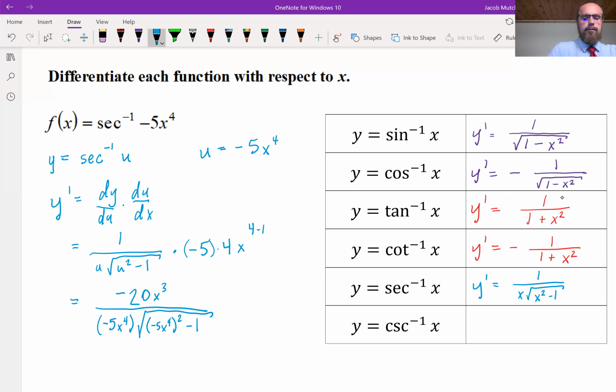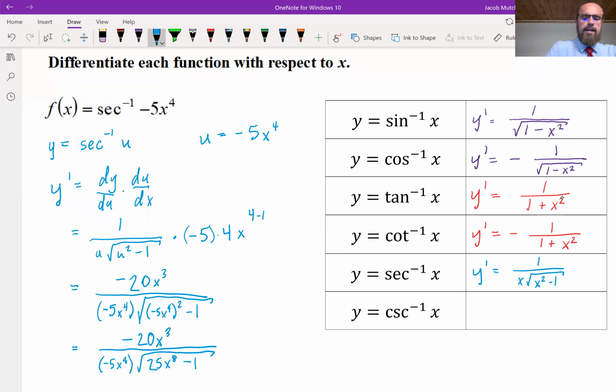So my final version here is going to be negative 20x to the power of 3 over negative 5x to the power of 4 times the square root of 25, so that becomes positive with the squaring, x to the power of 8 minus 1. And that completes that derivative of this inverse secant function.